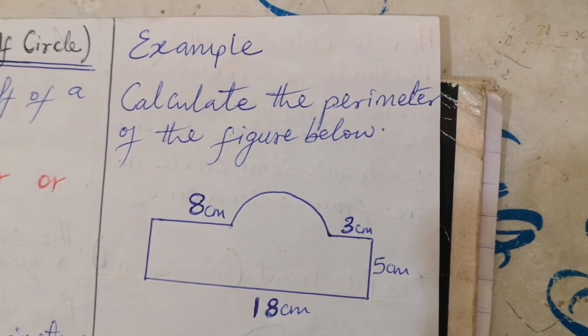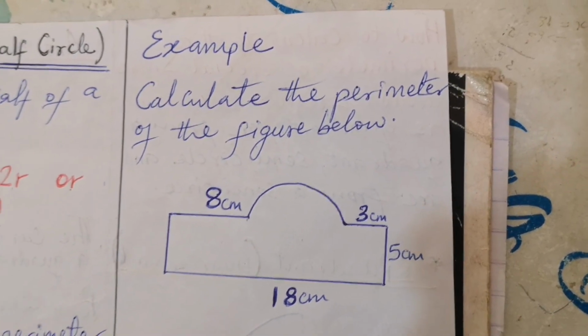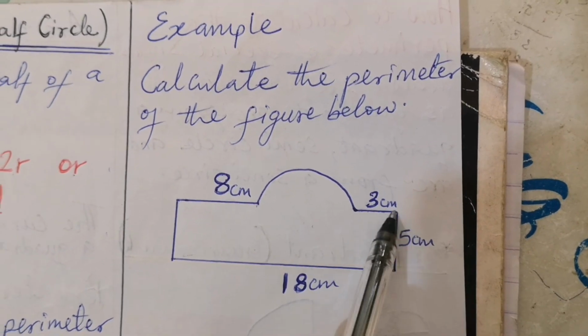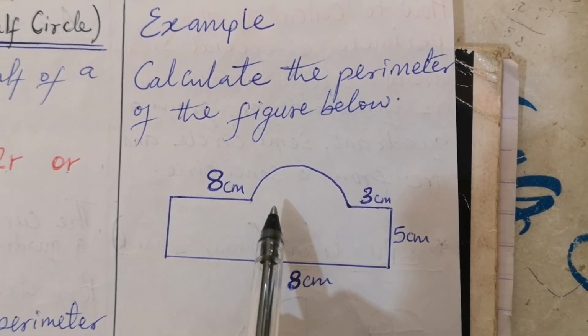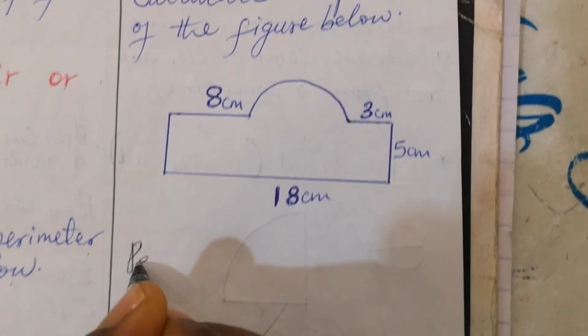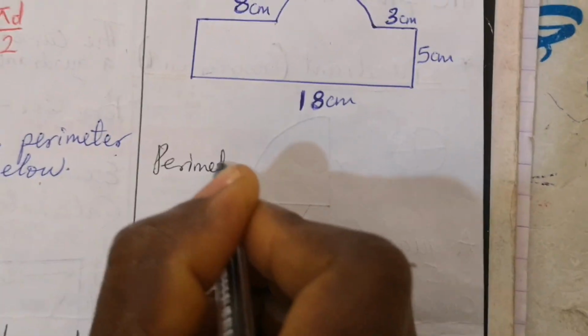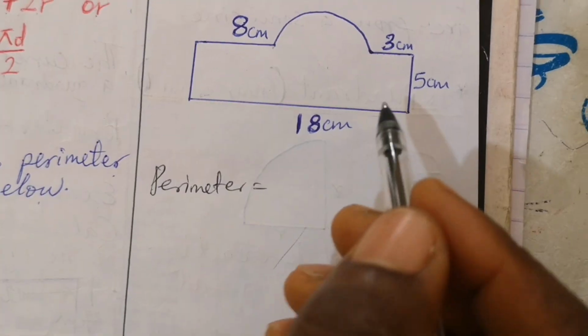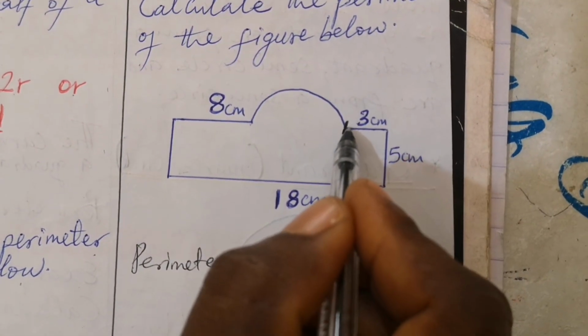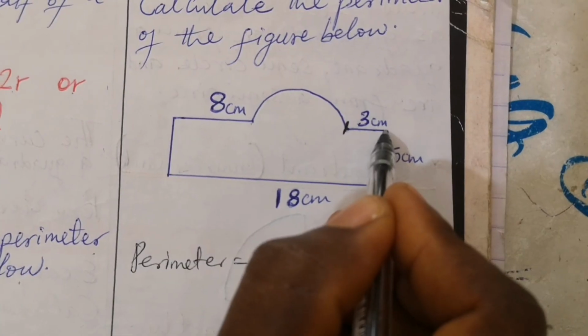For us to find the perimeter, we will add the sides together. So let me write here, perimeter is equal to what? I will start from here. From here to here is 3.